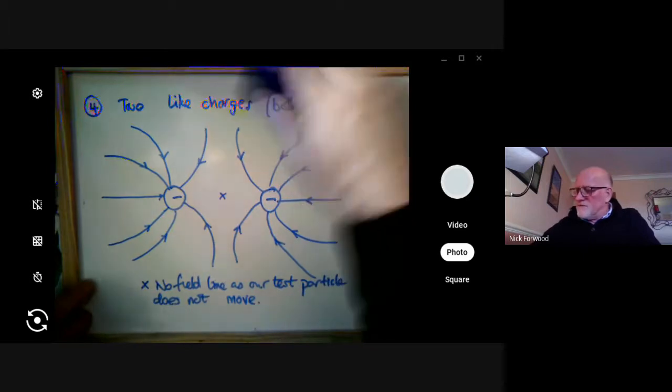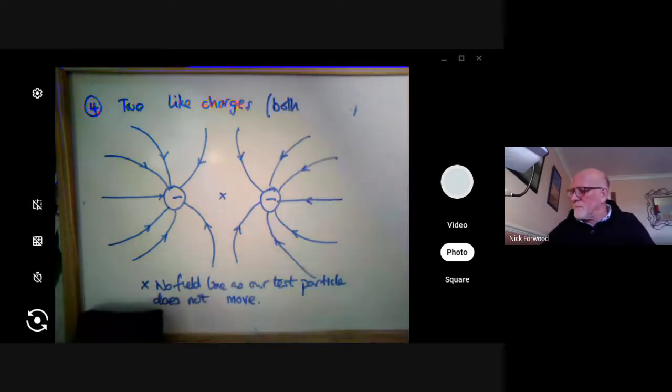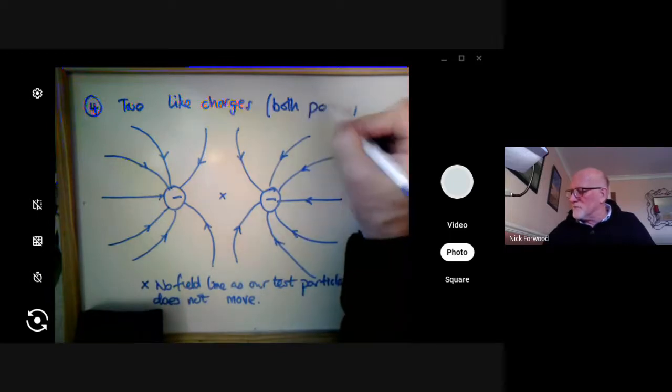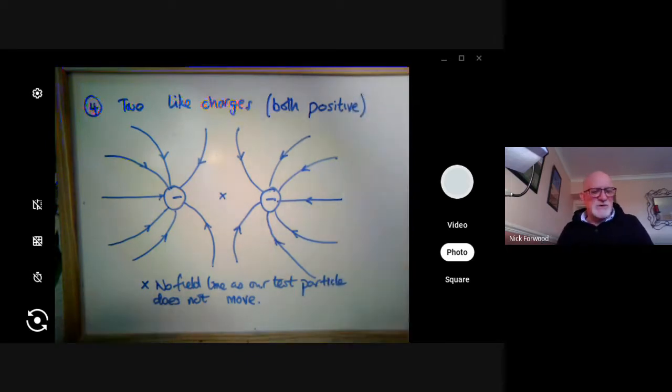So let's have both positive. Now I can do this pretty easily. I'm going to cheat, but you might want to draw this yourself separately, or you just might like to write the note that the two like charges that are both positive have exactly the same field pattern, but with the arrows going in the opposite direction.